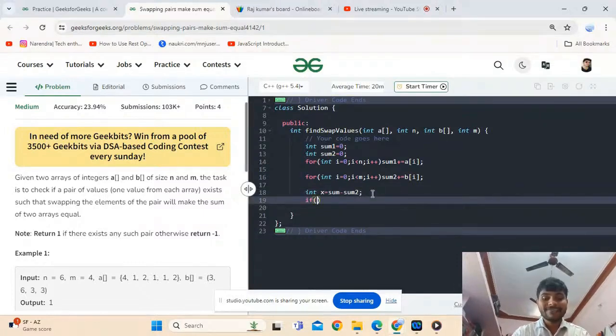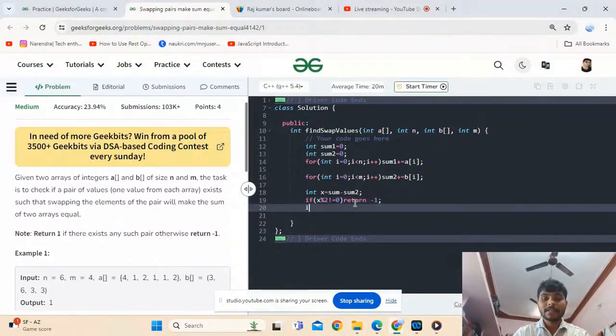If x % 2 is not equal to 0, if it is odd, then I am returning -1. Otherwise, int d = (sum1 - sum2) / 2.